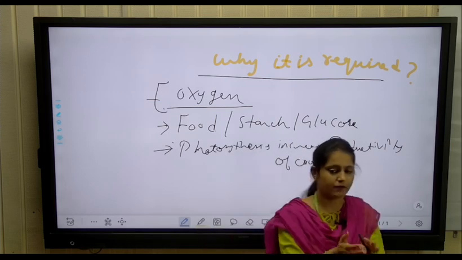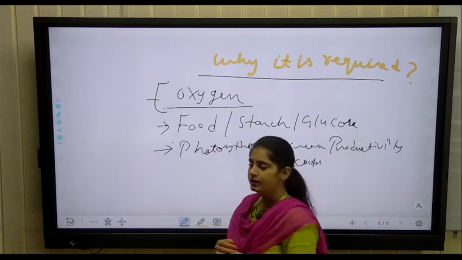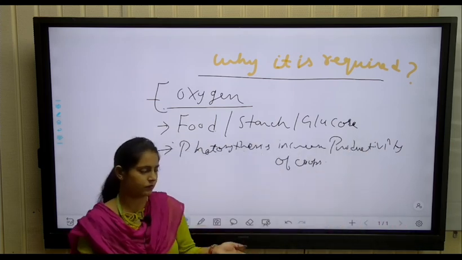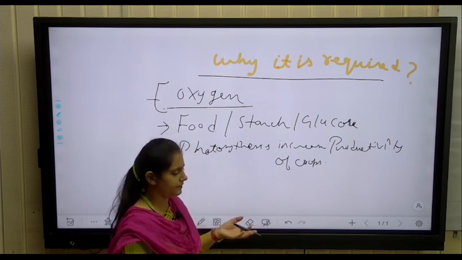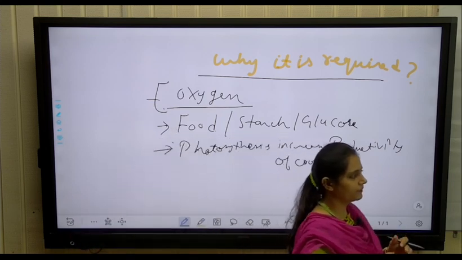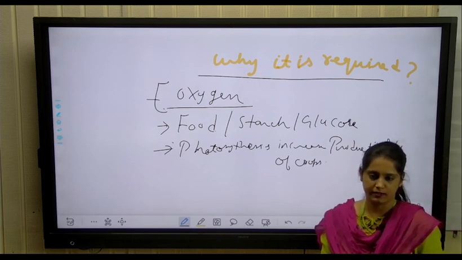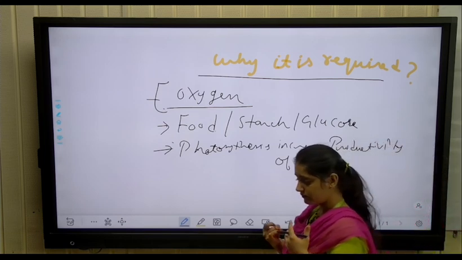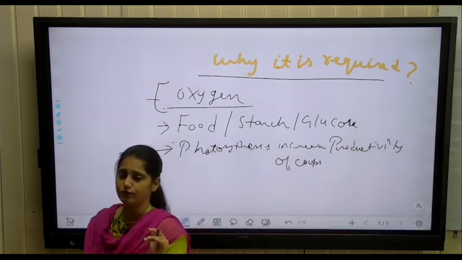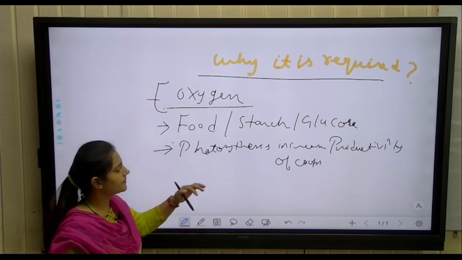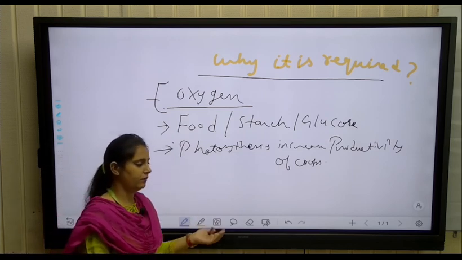So whenever we grow any crop, whenever we sow the seeds, we always want good photosynthesis, and for that we maintain water and air, and sunlight is always there. So photosynthesis increases the productivity level of any crop, increases its yield.